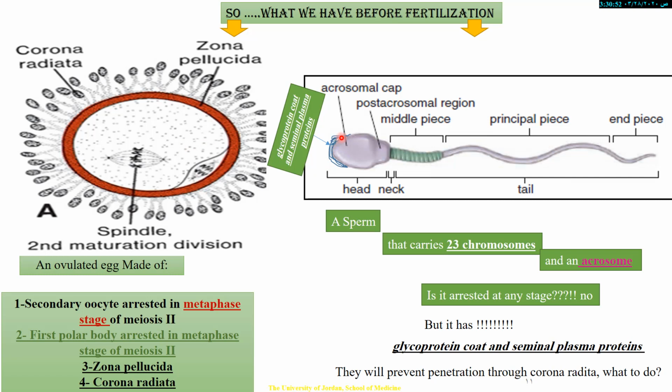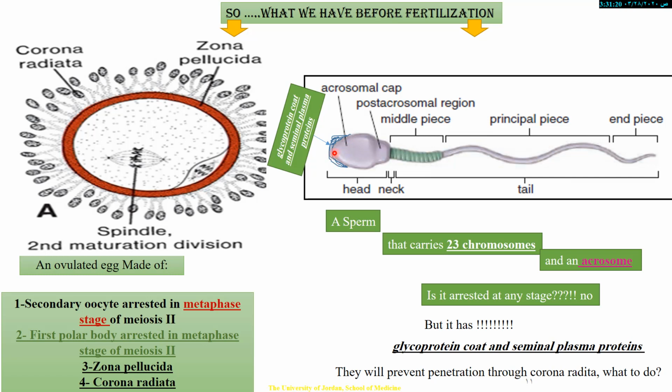Why? We already mentioned in the last lecture that here we have the acrosomal cap. What is the acrosomal cap? It is enzymes. They will digest the zona pellucida. So we need to remove this layer, and what would remove it?